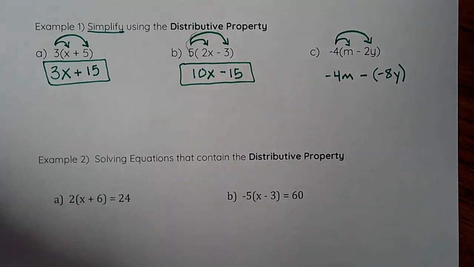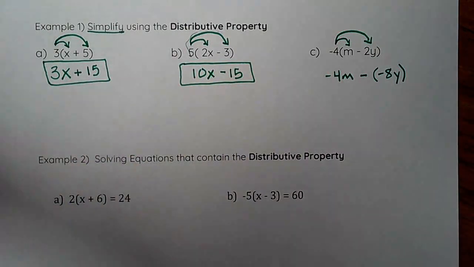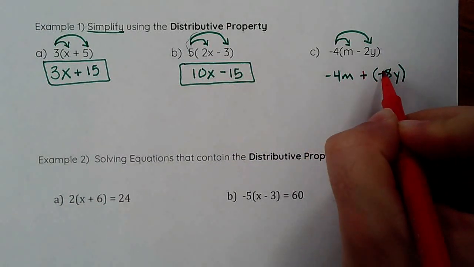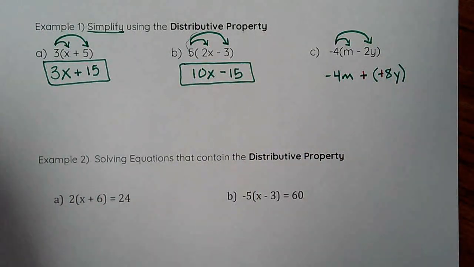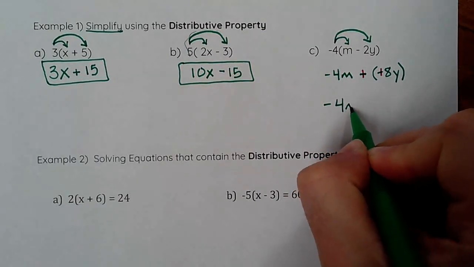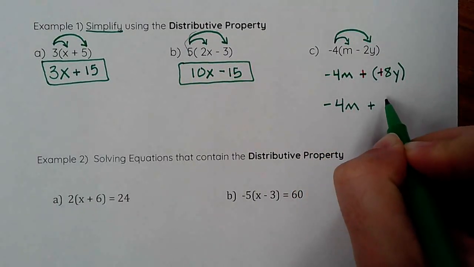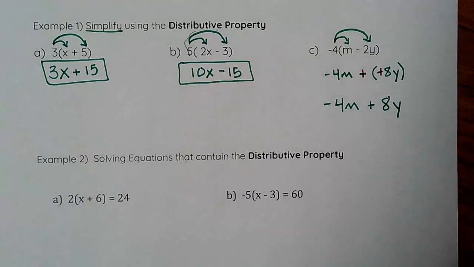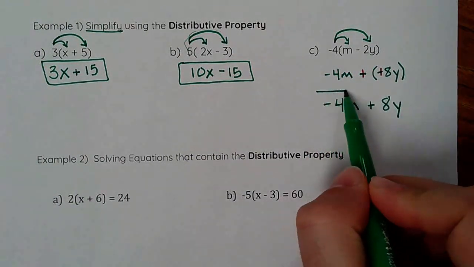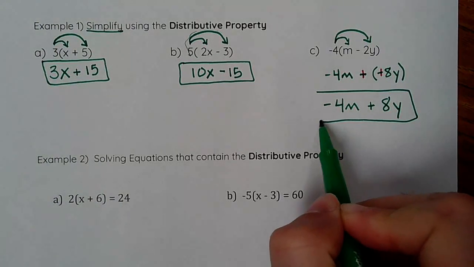Subtracting a negative, we're going to remind ourselves, becomes adding a positive. So I'm going to write this as add a positive, or add the opposite. I'm going to rewrite this as negative 4m plus 8y. And again, not like terms, so this is as far as we can go.